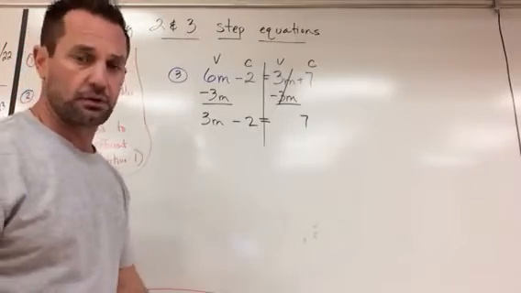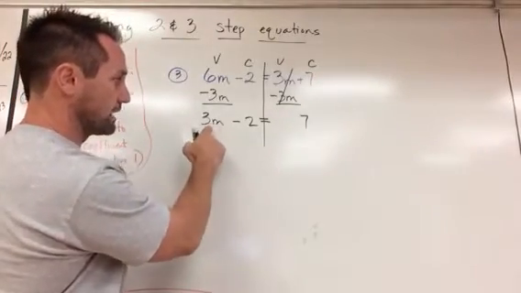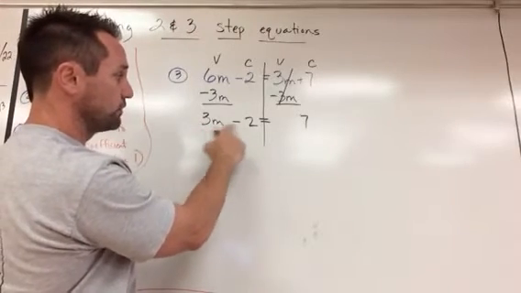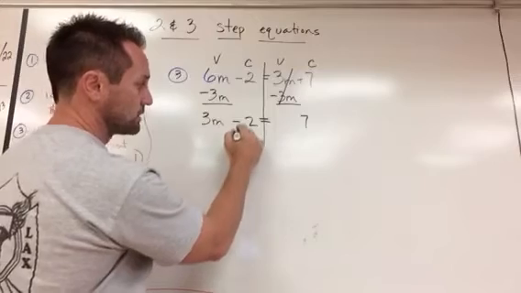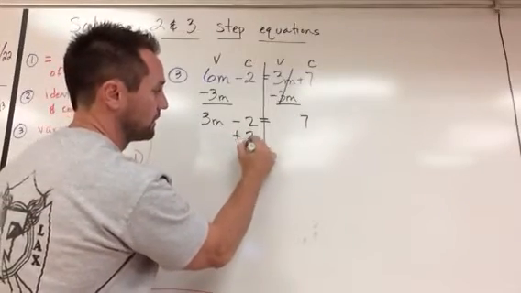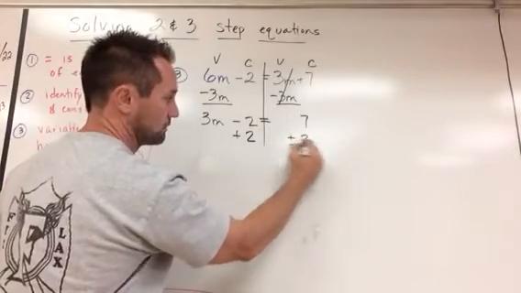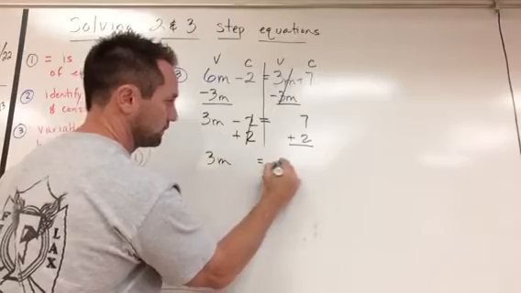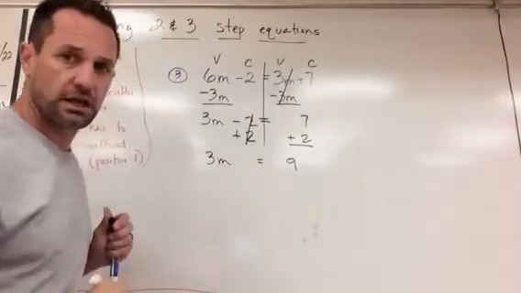The next thing that we're going to do is we have to get this 3m by itself. Well, it's got a negative 2 on the same side of the equal sign, so I need to do the inverse operation of subtraction, which is addition. I'm going to add 2 and add 2. These cancel out. We get 3m is equal to 9. That's our second step.